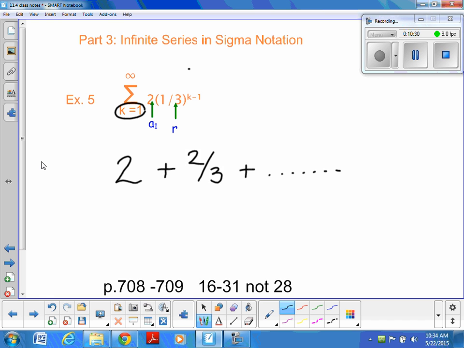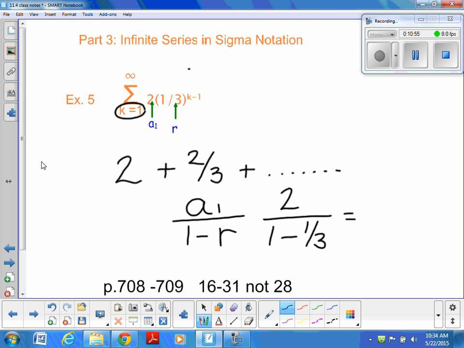And the formula is a1 over 1 minus r. It's probably one of the simplest formulas we've learned, right? What's the first term? 2, divided by, do you know what you're multiplying by? Can you guys tell? 2 times what gives you 2/3? 2 times 1/3, right? Put 1/3 here.